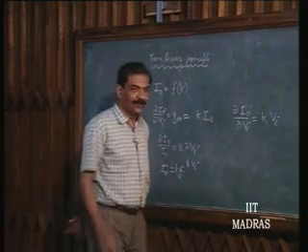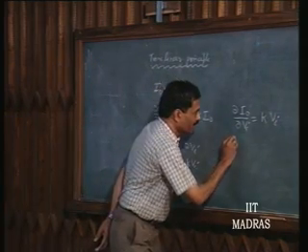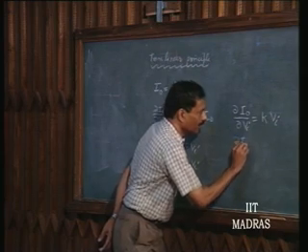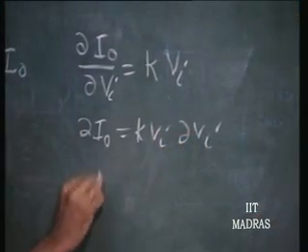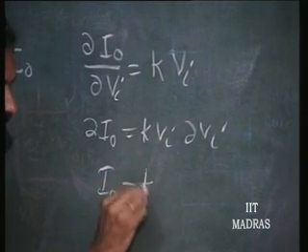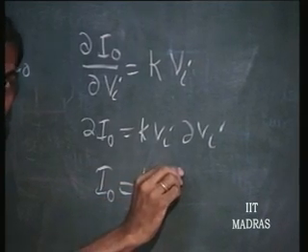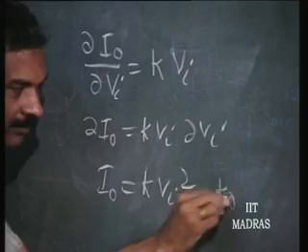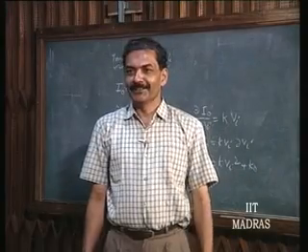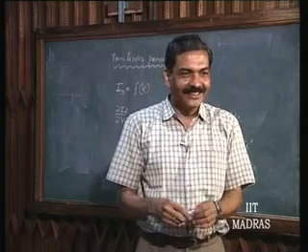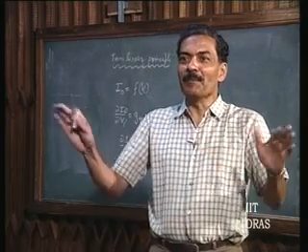Look at this. Now, you will be pleasantly surprised. This delta I naught is equal to K Vi into delta Vi. So, I naught is equal to K Vi squared. So, fortunately God has decided it should be complete.